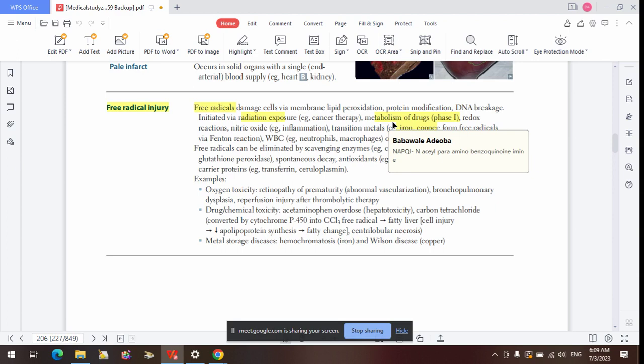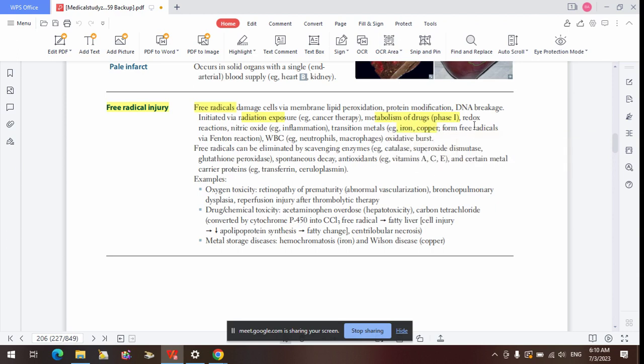Another example we gave was the use of some industrial solvents like CCl4. So if somebody consumes CCl4, that CCl4 can be metabolized by the cytochrome P450 system in the liver, and it can be converted to a free radical intermediate, which is CCl3 dot, which is reactive.